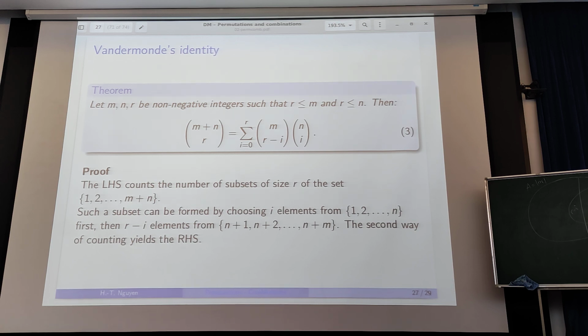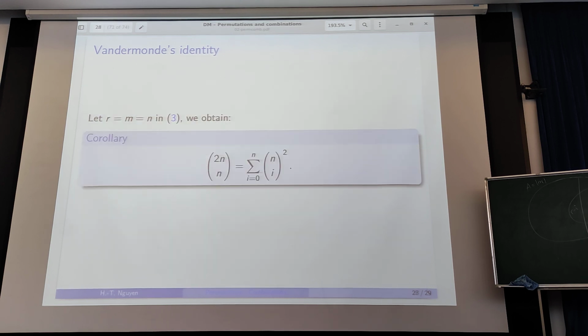Here, once again, if we do something similar to what we did with the Newton formula, we can get some interesting results. If we consider the special case where m and r have the same value, if we let r and m be equal to n, then we get this.